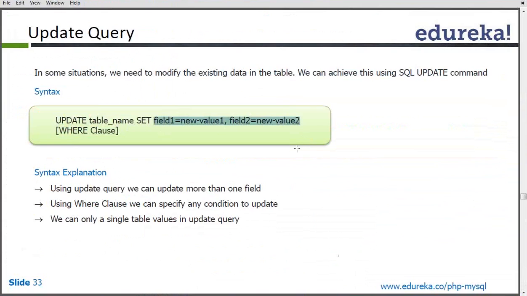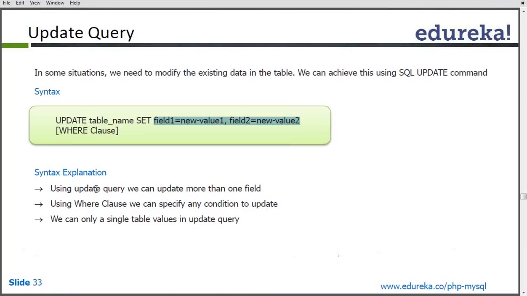So always use your update query very carefully and make sure it will be updating only those fields that you want to update, for only those records, only those rows that you want to update.